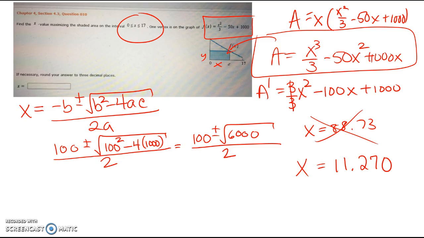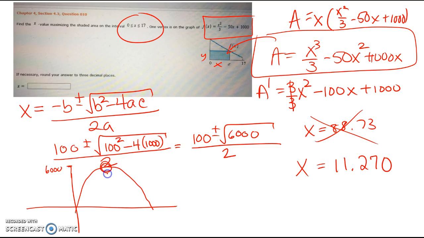When I graph that, I'm going to get something unusual, so I'm going to fix my window. Alright. Okay, when I graph this on my calculator, and I have a top value of 6,000 on the y, I get something that looks like this.